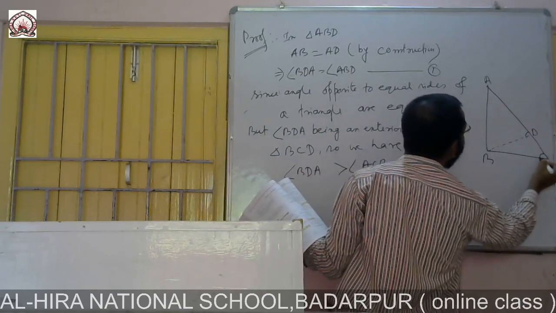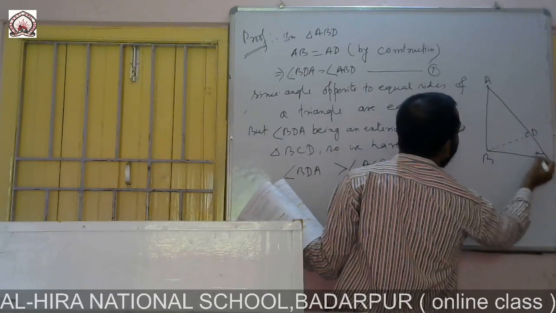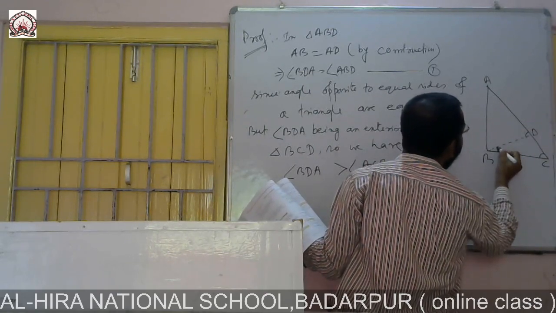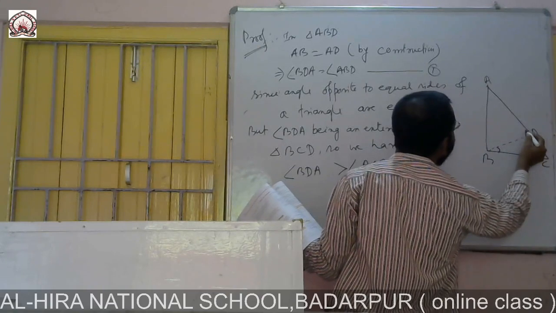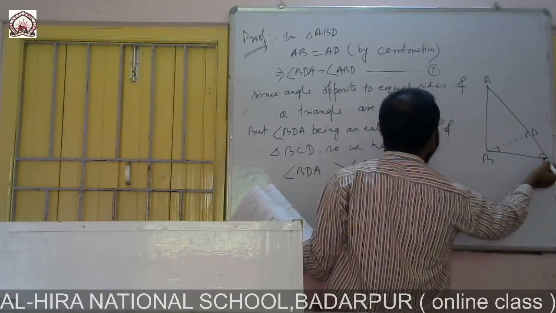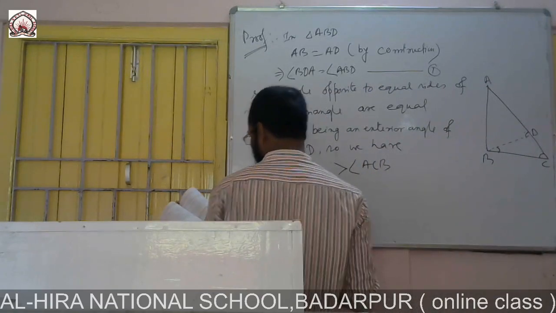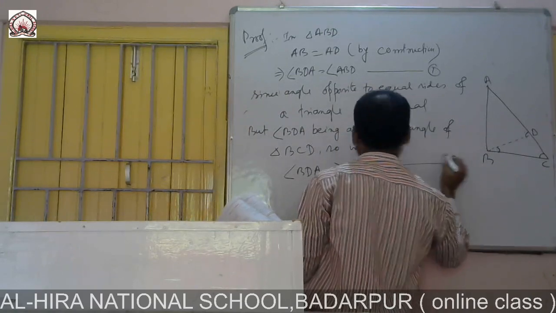So this is an exterior angle, so these two are interior angles, so this is naturally greater than angle ACB. Take it as number 2.